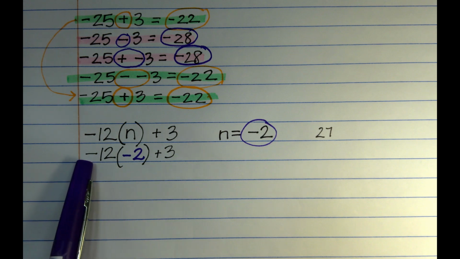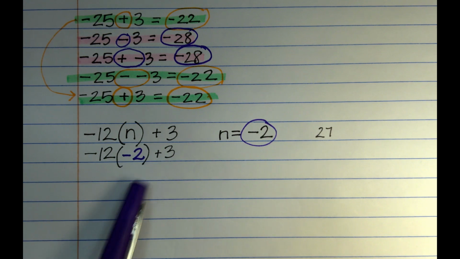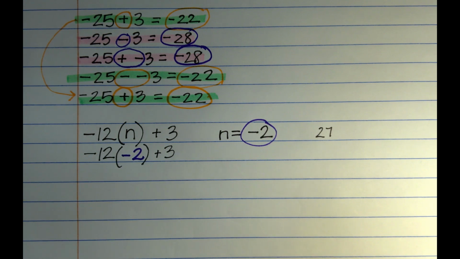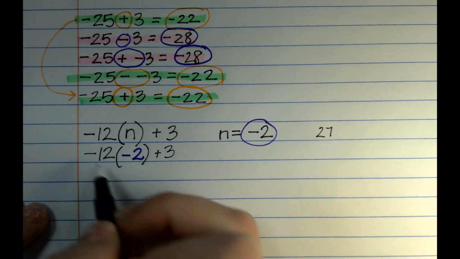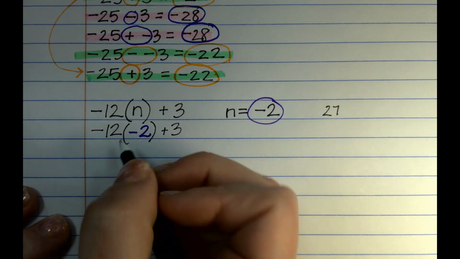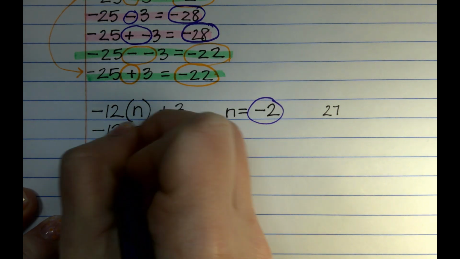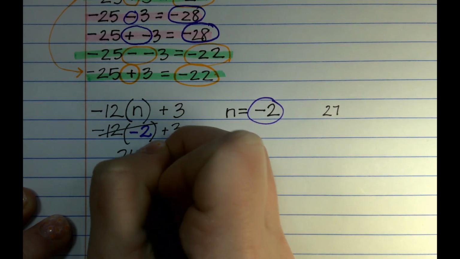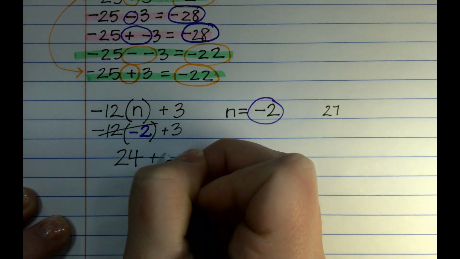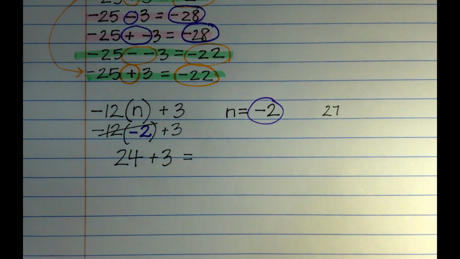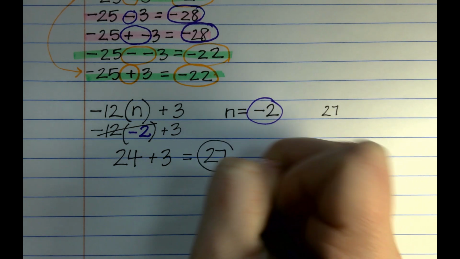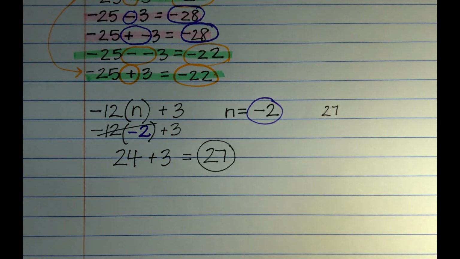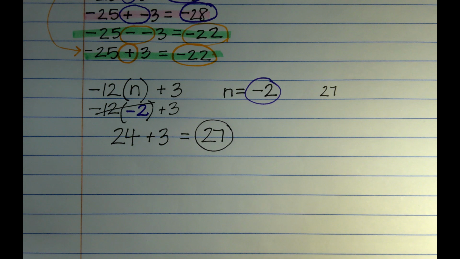What is negative 12 times negative 2? 24. Good. And is it positive 24 or negative 24? Positive. The two negatives turn into a positive. So this gives us 24, and we still have plus 3. And that gives us 27. Very good. Nice. Very nice, guys. That is wonderful.